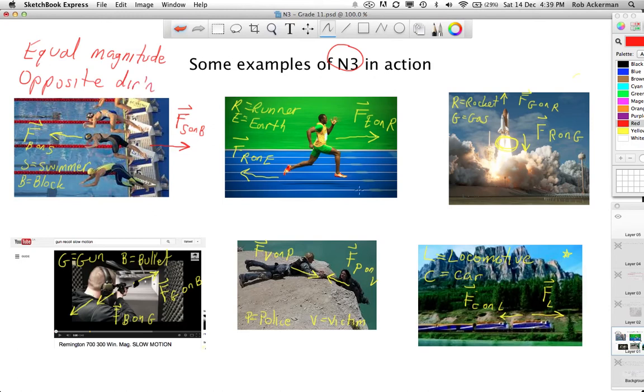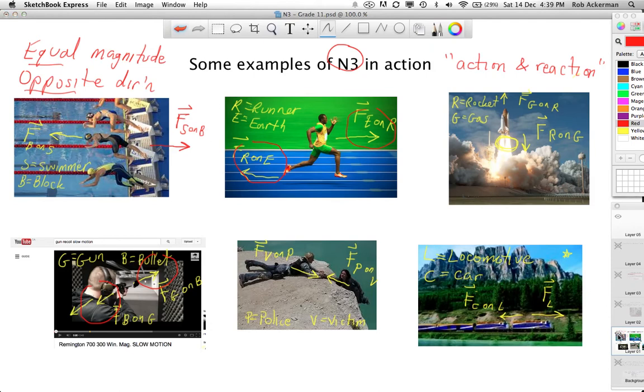And so quite often you'll hear people call Newton's third law the law of action and reaction, which is to say that for every action force there is an equal and opposite reaction force on a different object. You can't push the ground without getting pushed. You can't fire a bullet without getting pushed backward, and so on and so forth. Sometimes you can't pull someone up without yourself getting pulled down.